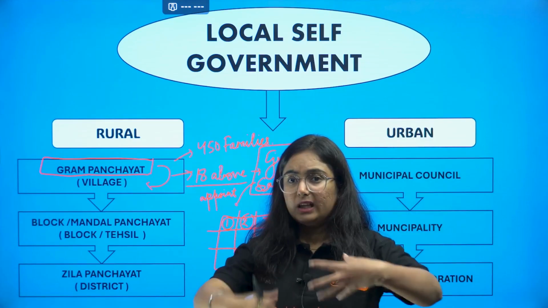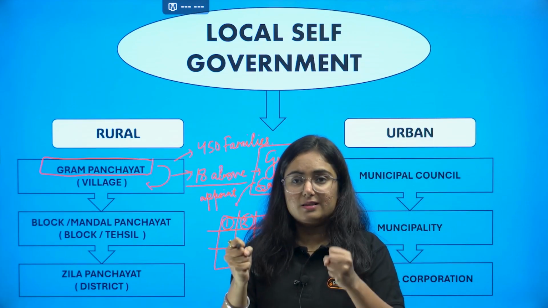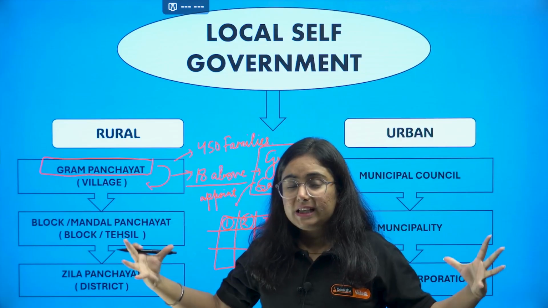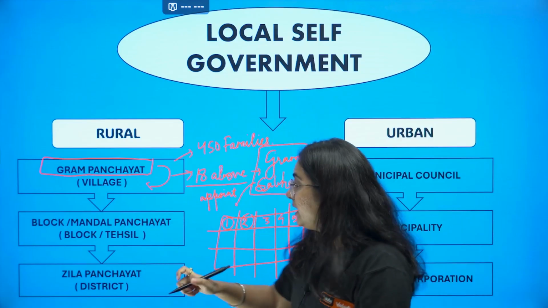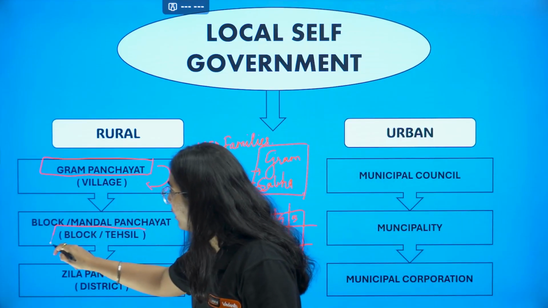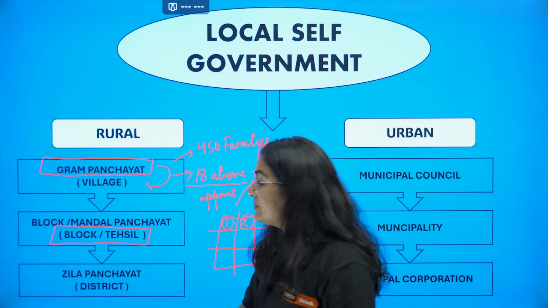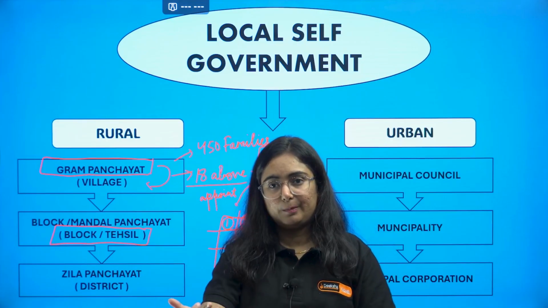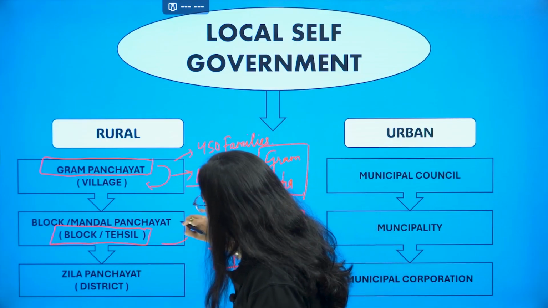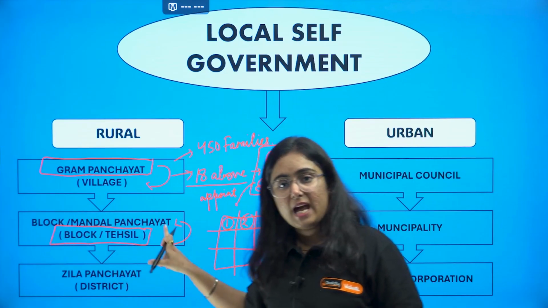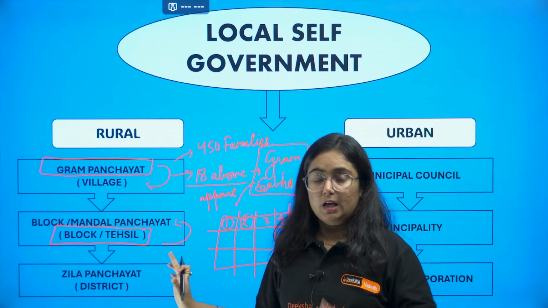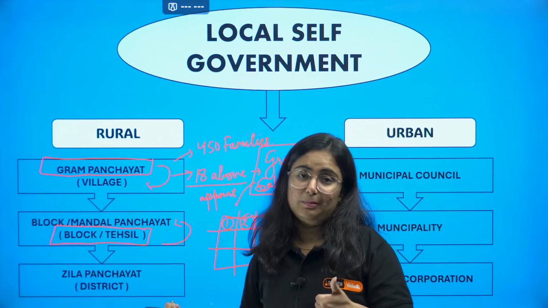Now we know that we have so many villages around us. When these villages are grouped, it becomes a block or tehsil, and this is referred to as block panchayat or mandal panchayat.